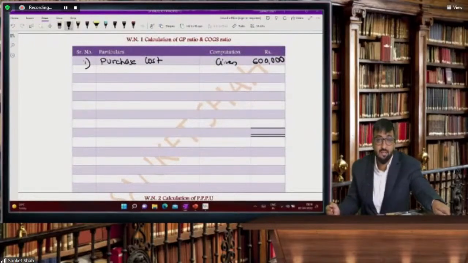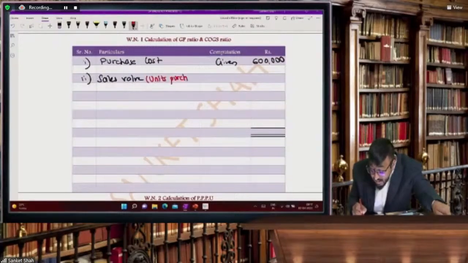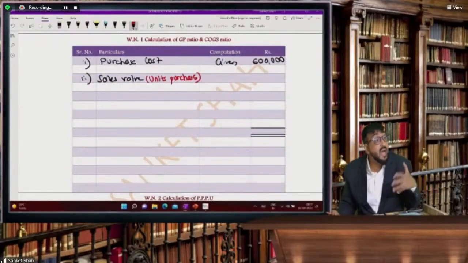6 lakhs. After one line, Roman 2, sales value. But which sales value do we take? Units purchased. If all units purchased are sold, assumption why?